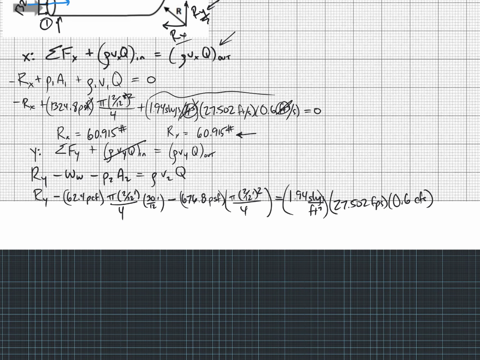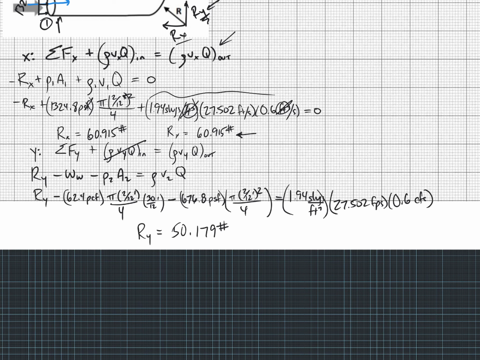Okay, so that's a lot of stuff. Yeah, so if we do all of this right, we're going to get Ry equals 50.179 pounds.